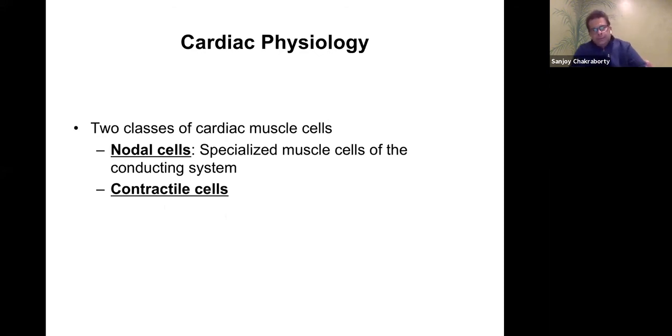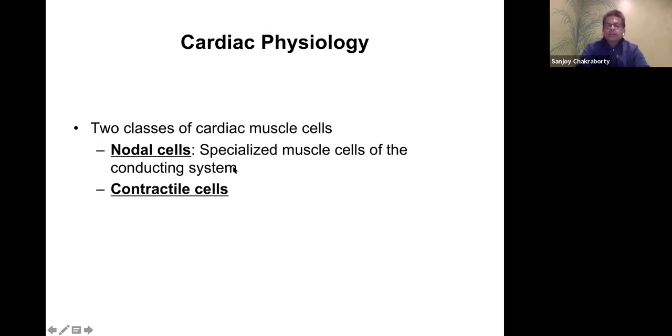The right ventricle sends the blood to the pulmonary trunk, and the left ventricle sends the blood to the aorta. Even the atrium can pump the blood to the corresponding ventricle. Those pumping actions are possible by contractile cells, but they can only do it when they receive the signal from nodal cells.